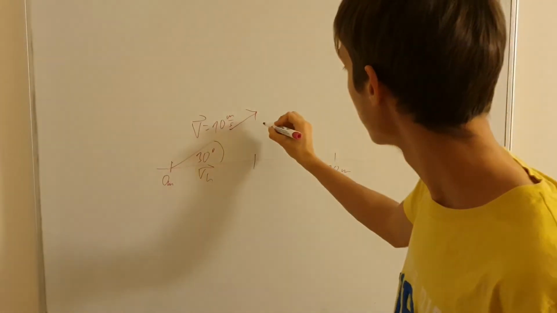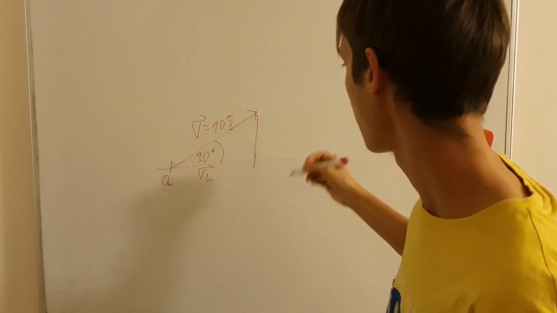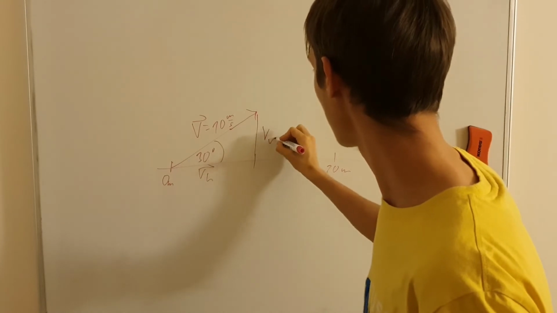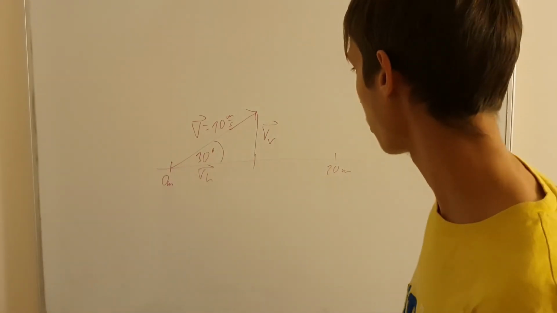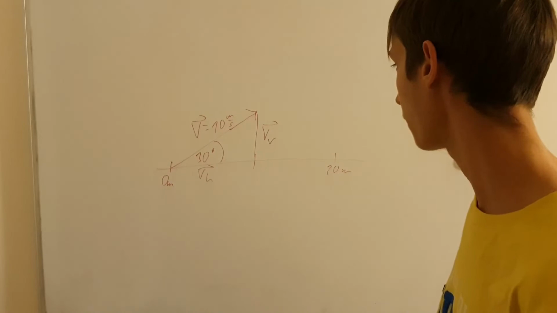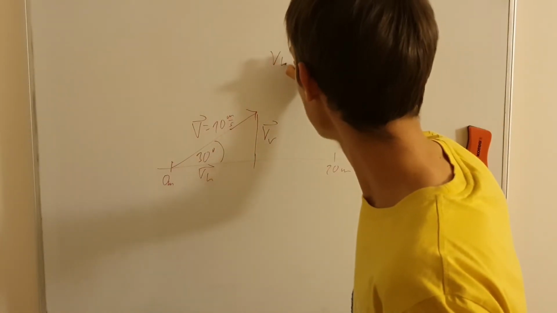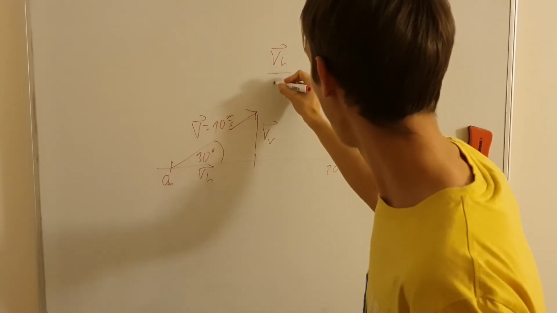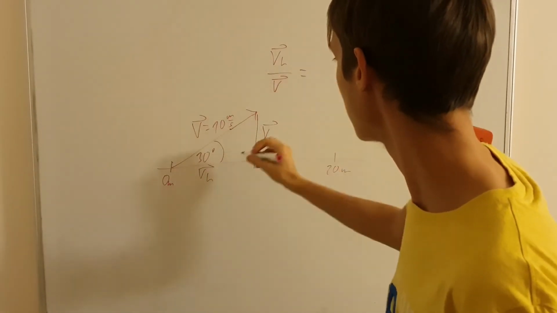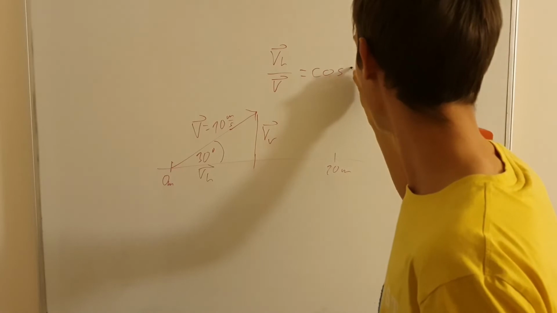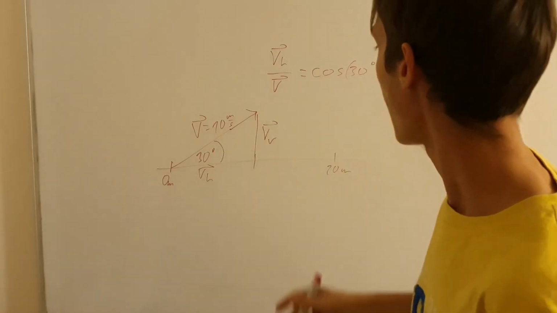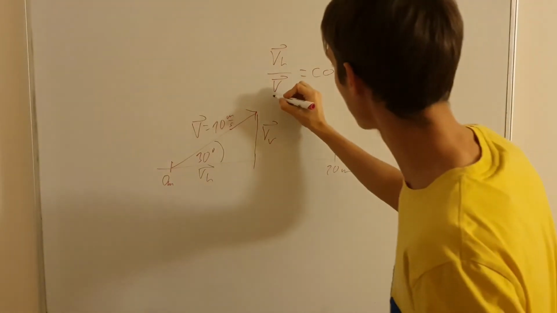Because I know that this is like, let's say, the vertical component, and this is the horizontal component, just completely the right angle triangle with the ground and with the initial vector. I know that V_h by geometry over V is equal to cosine of 30 degrees. Alright? And that gives me straight away the horizontal component.